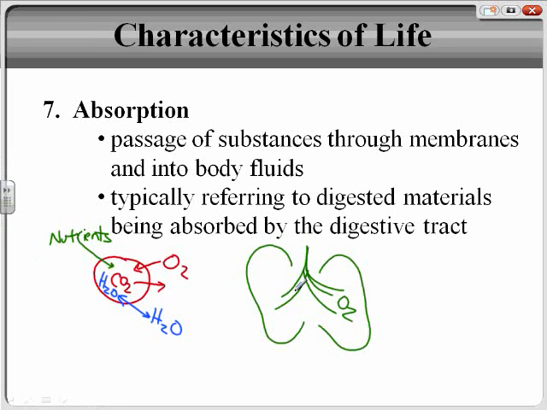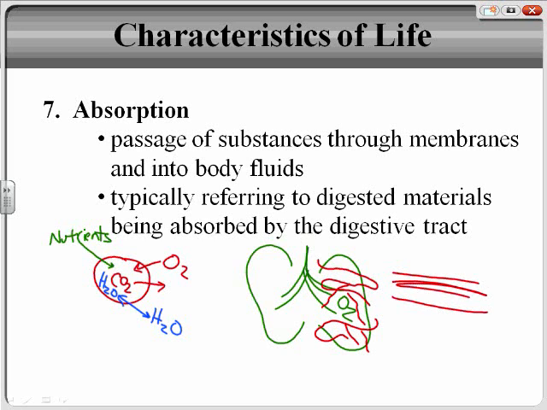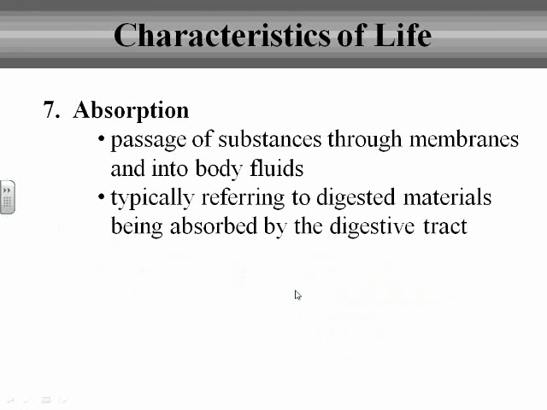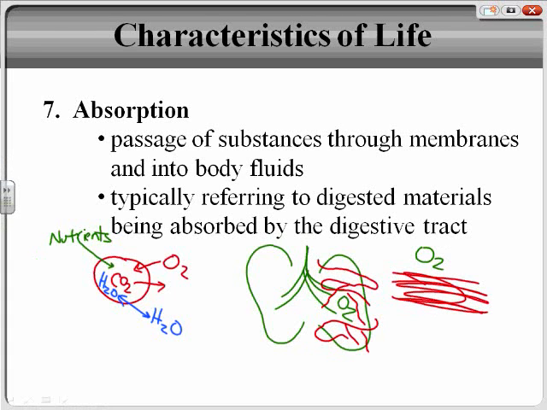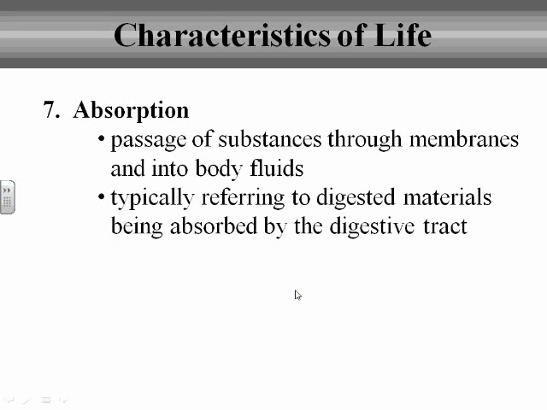And as a result, we need to have all of those blood vessels, right, that are around our lungs, and the oxygen needs to actually be able, this is our blood vessel, we need to be able to have oxygen that passes from outside into the bloodstream. And then once it actually gets to a cell, it needs to pass the other direction. All right? So it's important for absorption to take place. The most common place is when we're talking about digestion. All right? Obviously, what you digest needs to be absorbed.